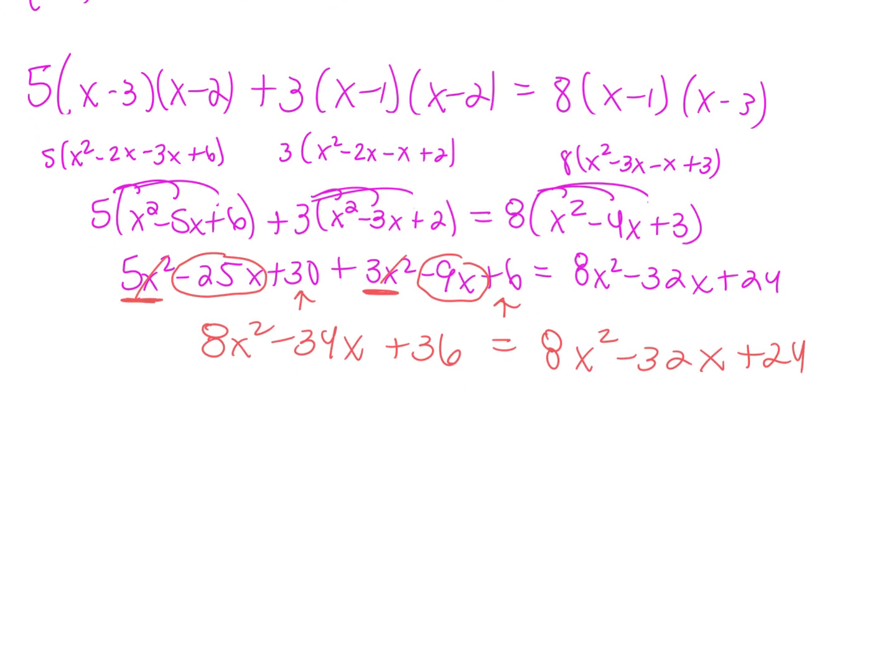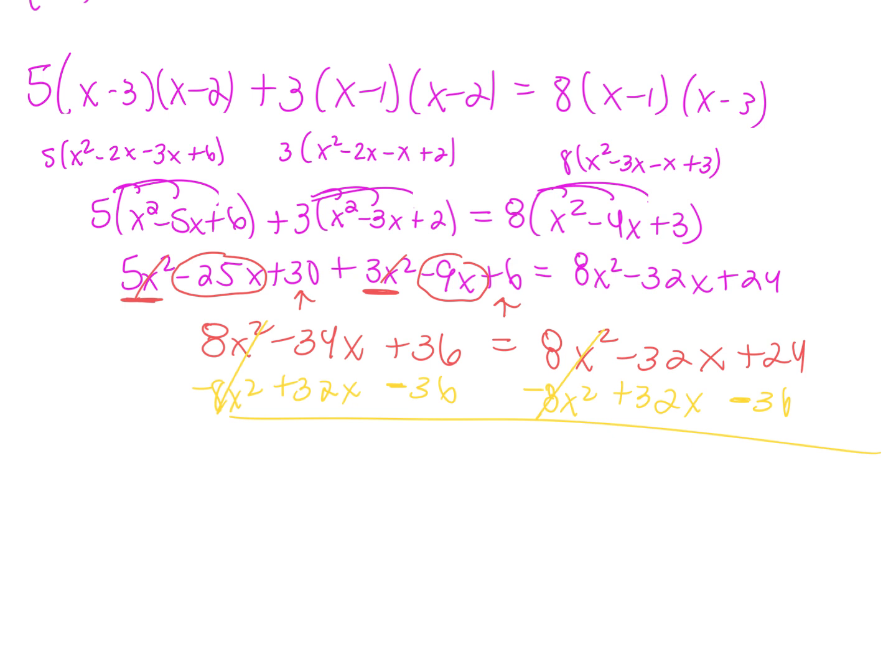And now we're going to move everything. Let's go ahead and move my 8x squared. I'm going to subtract 8x squared from both sides. Well, what do you guys notice happens when we subtract 8x squared from both sides? They cancel. So now this becomes a linear equation. I'm going to add 32x here. Then I'm going to subtract 36. I'm going to get my x's on one side and my numbers on the other.